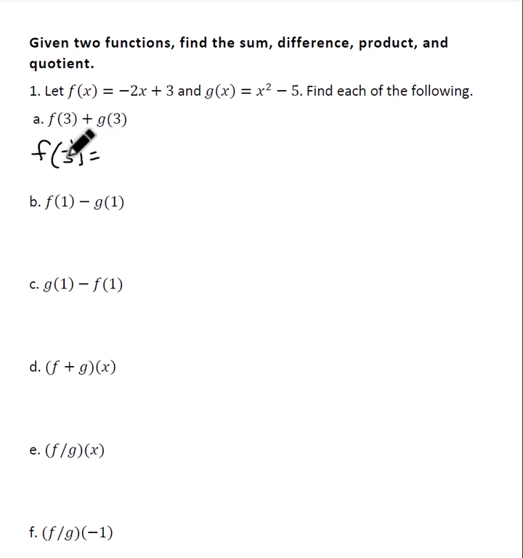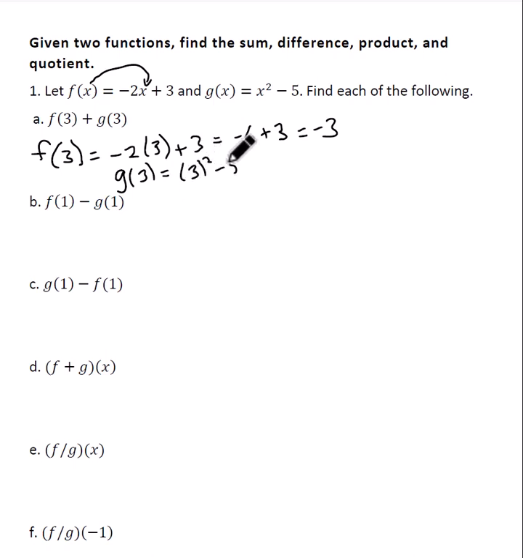So f of 3: we're going to take 3 wherever we see an x and plug it in. That's negative 2 times 3 plus 3, which is negative 6 plus 3, which is negative 3. Then we need to do g of 3, which is 3 squared minus 5, which is 9 minus 5, and that gives us 4.